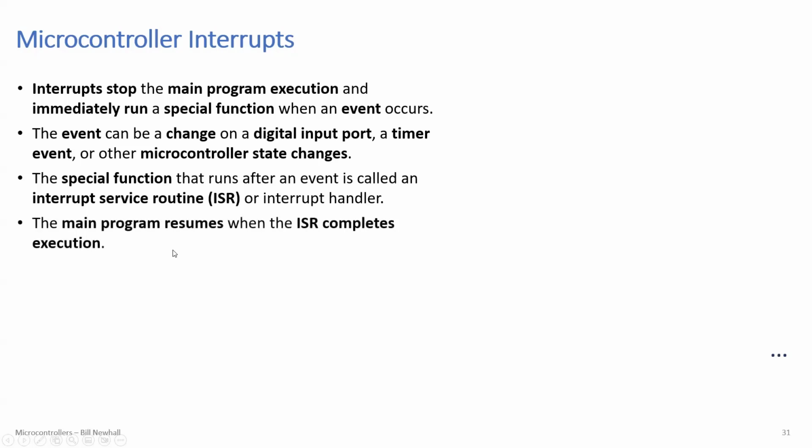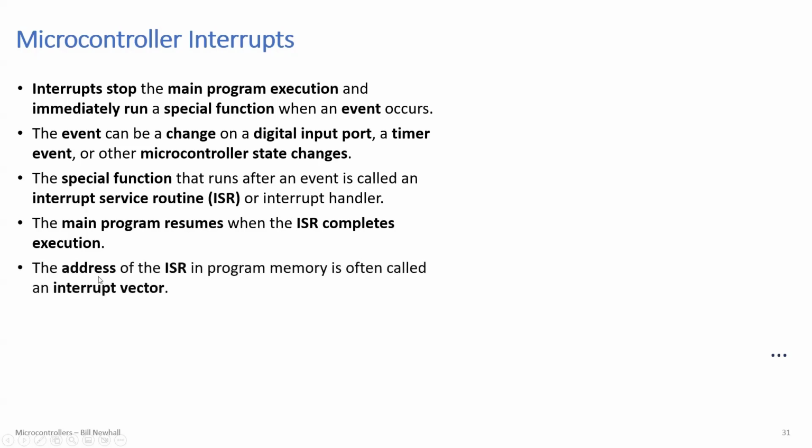And then the main program resumes where it left off after that ISR function completes its execution. There's different language you'll hear used for interrupt service routines. Sometimes the address of that ISR in memory is called an interrupt vector. So if you see interrupt vector, it just means the address of the ISR.